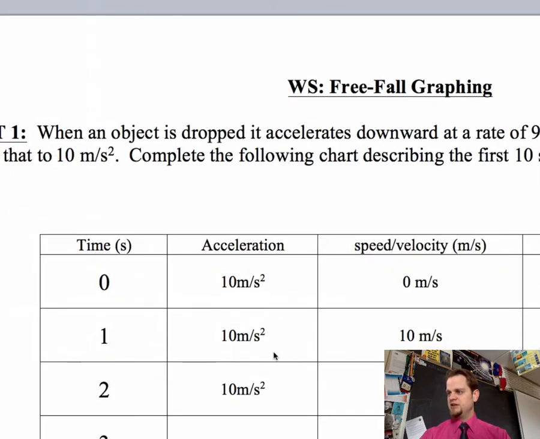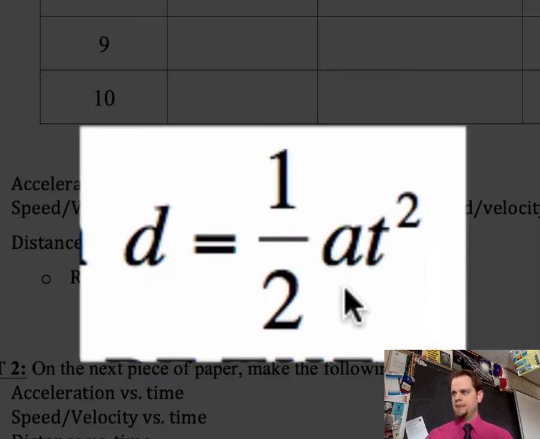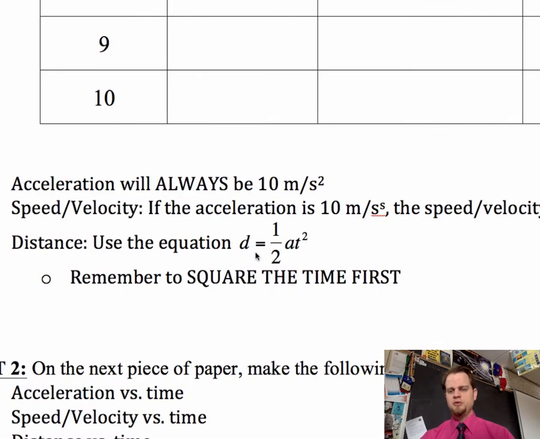That equation tells us the relationship between how fast it's accelerating, that's the A, and how long it's been doing that, and how far it has moved. So if we know how fast it accelerates and how long it's been doing that, then we know how far it's moved. That's it.